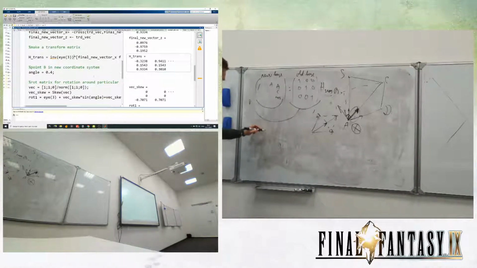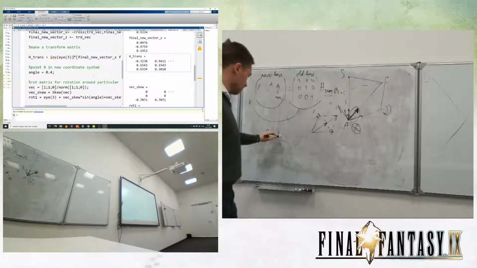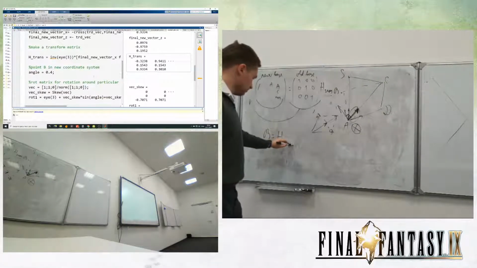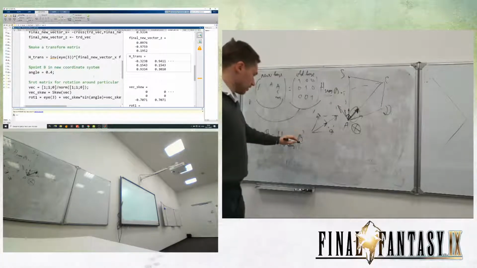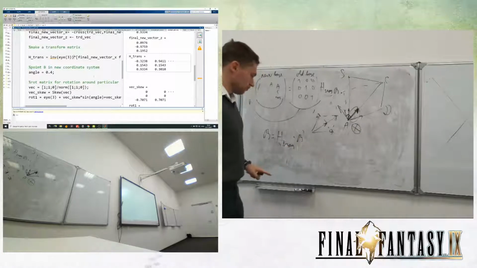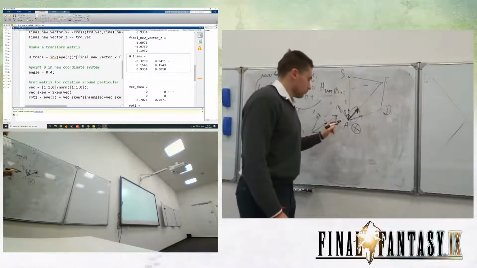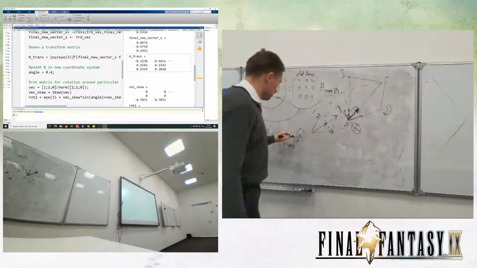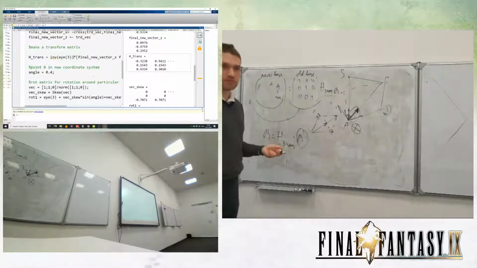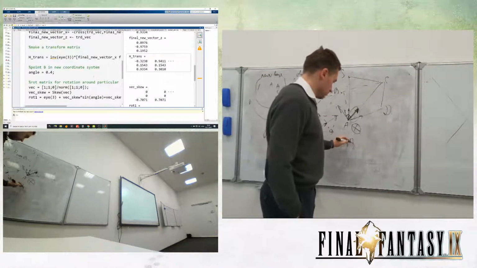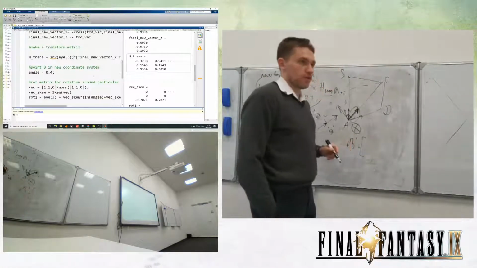So we need to find coordinate B. What will it be? It will be F trans multiplied by B prime. Wait a second. First of all, we need to discuss what B prime or D prime is. Do you have any ideas what it is?